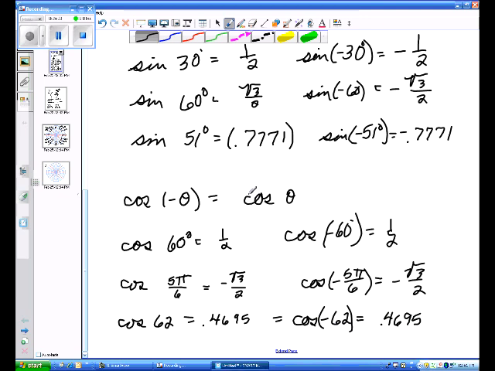All right. Now, we also know then that they're reciprocal functions. So the secant would also be an even function. The cosecant would also be an odd function.